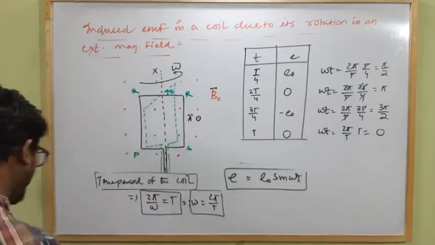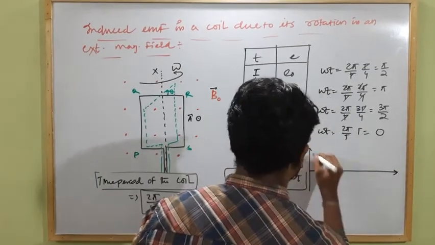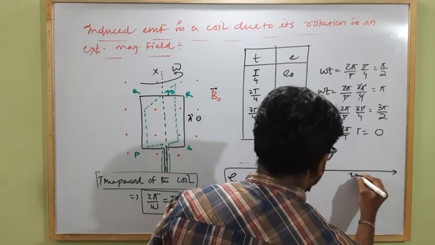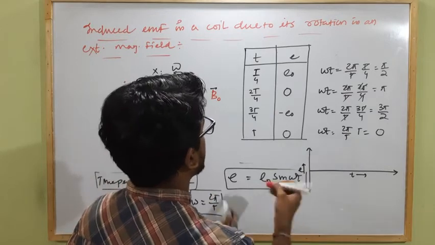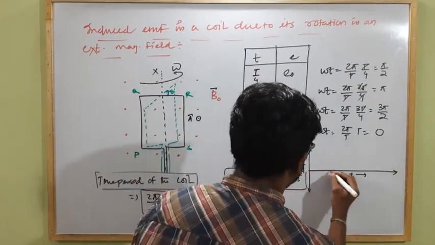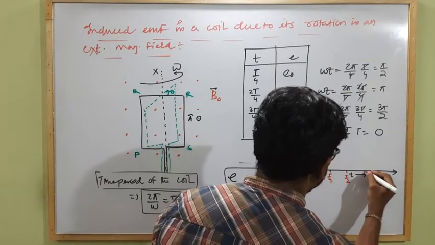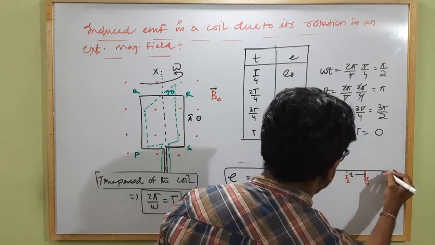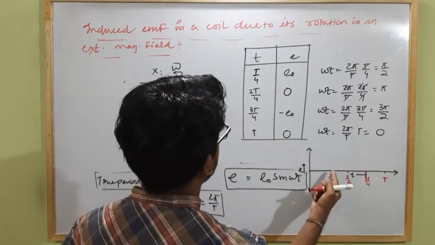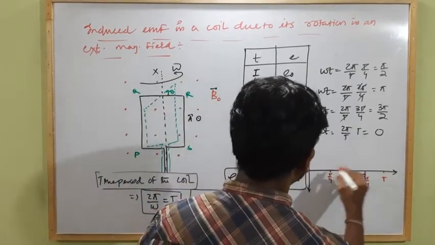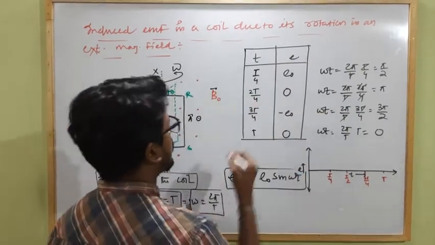If we plot the graph like this, here I am taking the instantaneous time t and here is the induced EMF E. So t equal to 0, then T/4, then T/2, then 3T/4, again T, for different values of the instantaneous time. At T/4 the value is E₀.